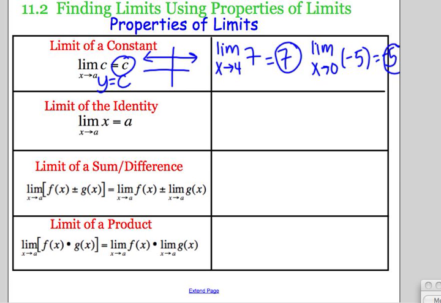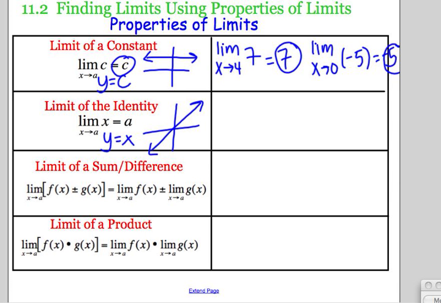The second one we'll take a look at is the limit as x approaches a number of x. Now, when you think about this, this is just the function y equals x, and that's going to be a line. As we're approaching any x value, the value on that function is that exact value.